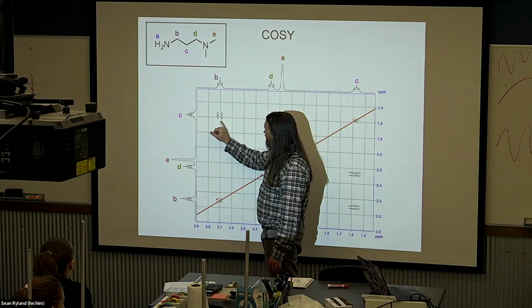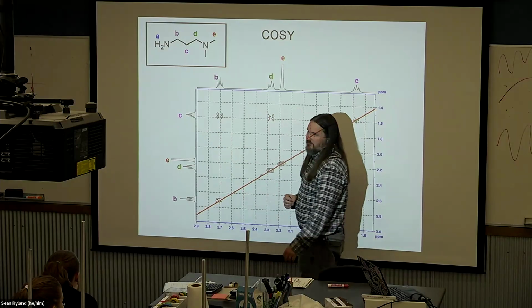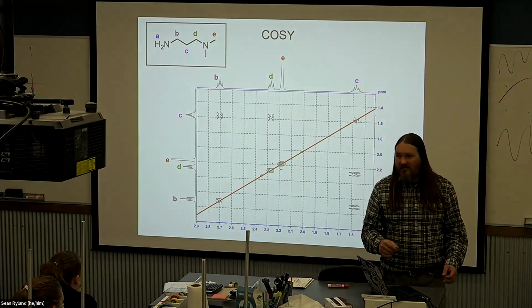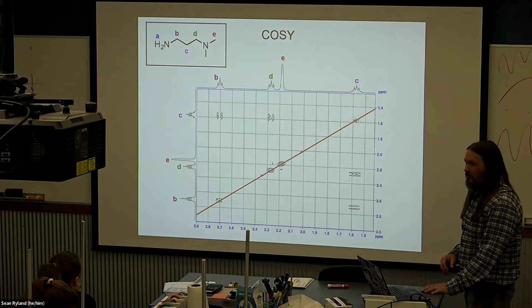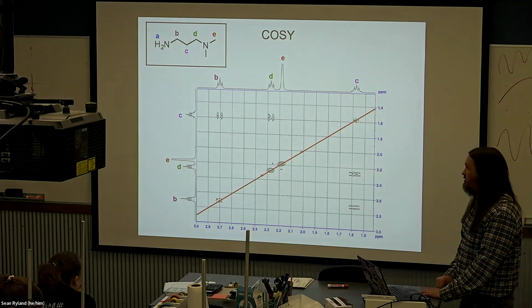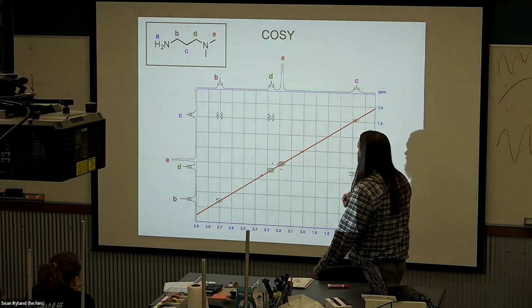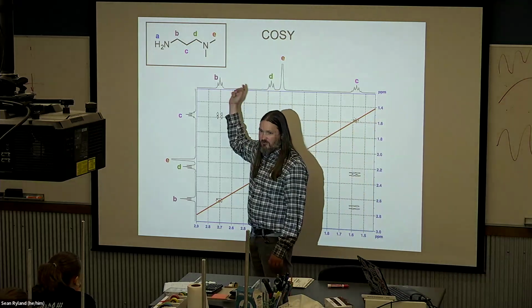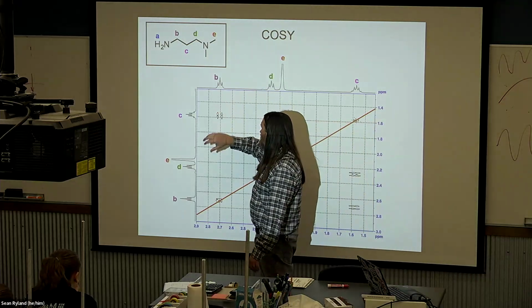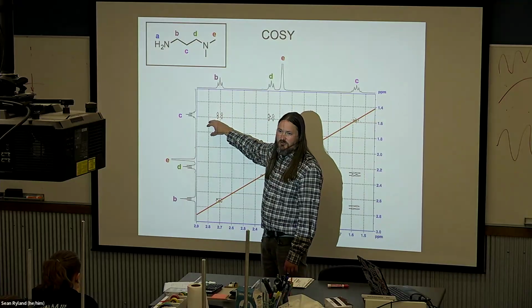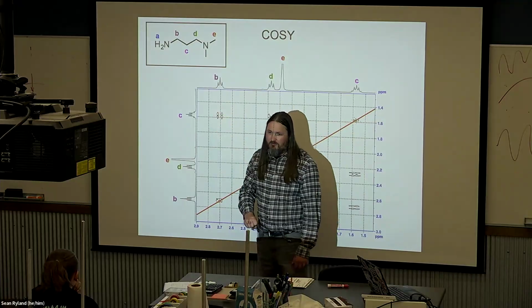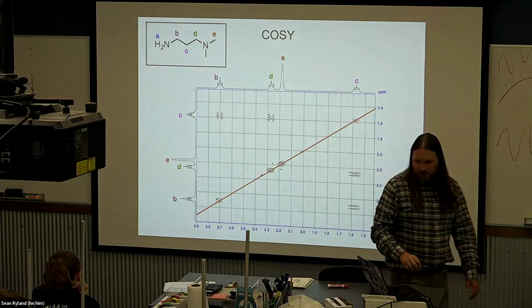And on this way though, there is information there, but it's a little bit trickier to interpret, and you don't usually need to. Usually, we understand splitting pretty well when it comes to a 1D NMR. So there's not really a need to do it there. Just look at this as a group of peaks.